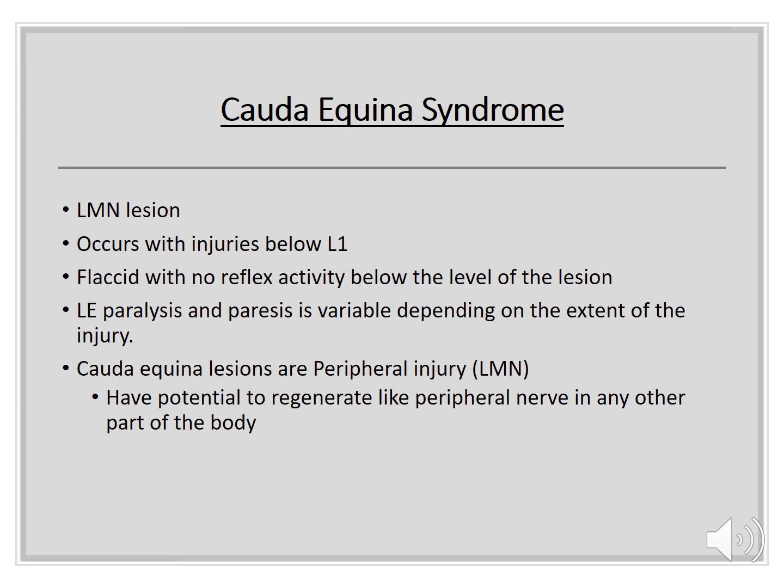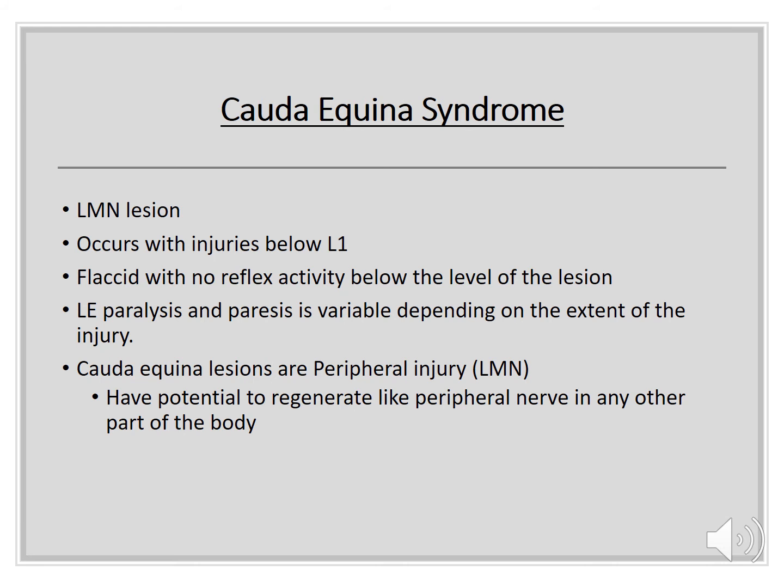It is a lower motor neuron lesion, meaning that there's going to be hyporeflexia, right, or hypotonia because it is a lower motor neuron lesion. There's going to be lower extremity paralysis and/or paresis, which is variable, really depending on the extent of the injury.